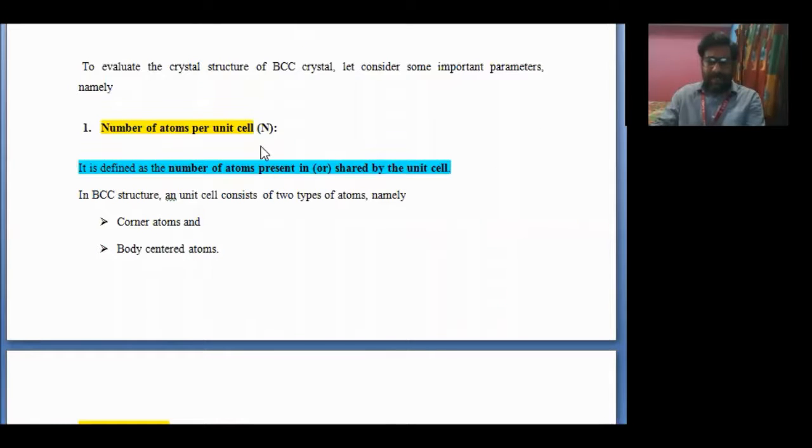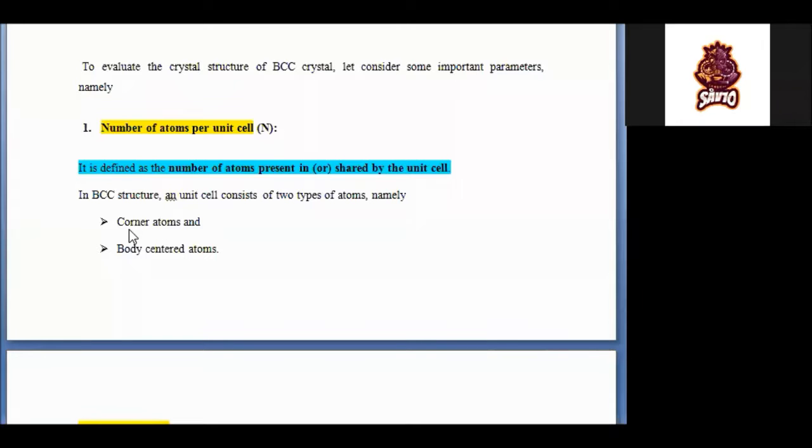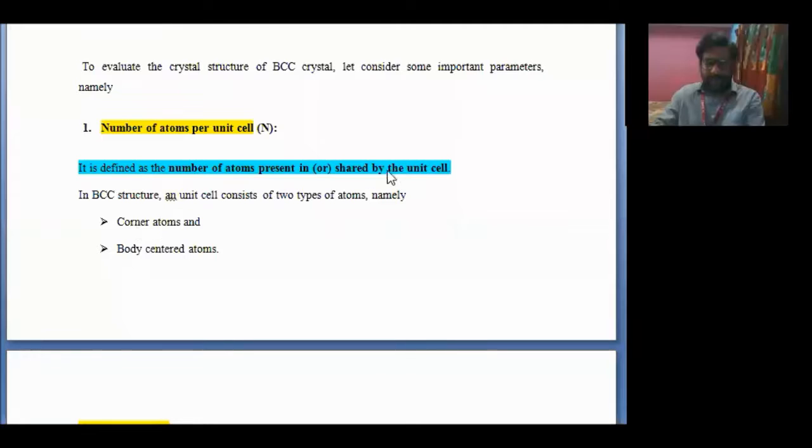Here the medium is non-primitive, a medium consisting of two different types of atoms. One is the corner atom and the other one is the body-centered atom. For the corner atom, we have to know its contribution, and for the body-centered atom, we have to know its contribution.